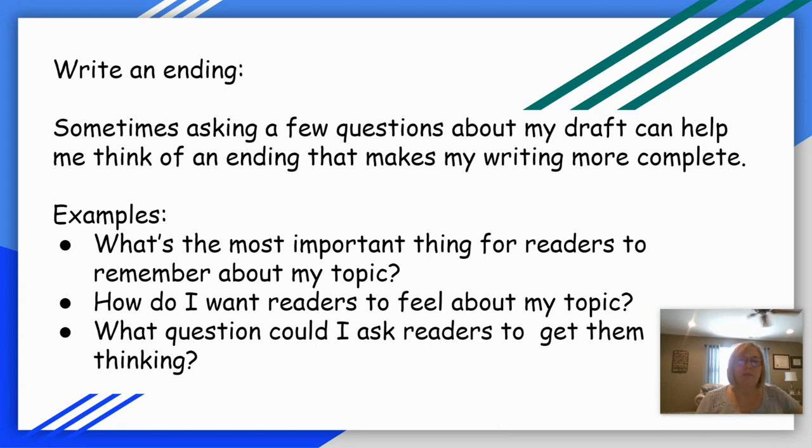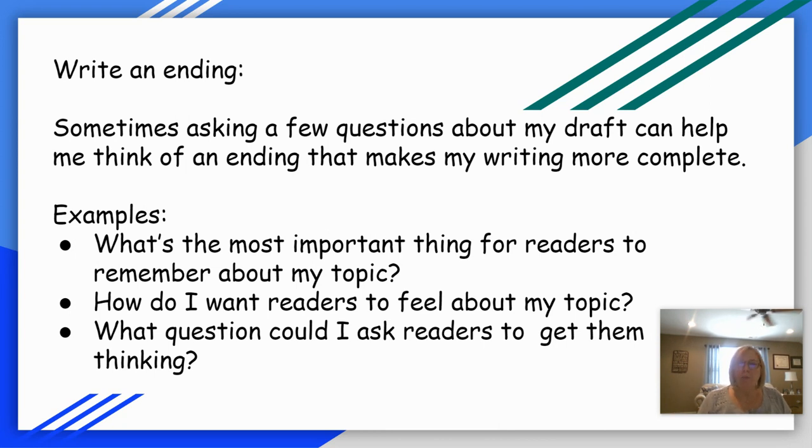So here's examples of some questions that I can ask myself about maybe a way I can make an ending sentence more interesting. So what's the most important thing for readers to remember about my topic? Well, I want them to think, hey, anyone can play an instrument, and there are a lot to choose from. You can pick so many.